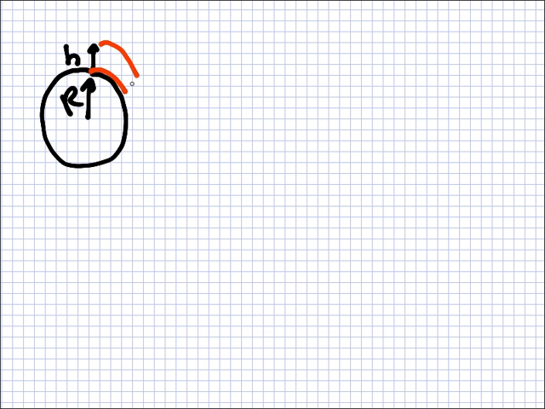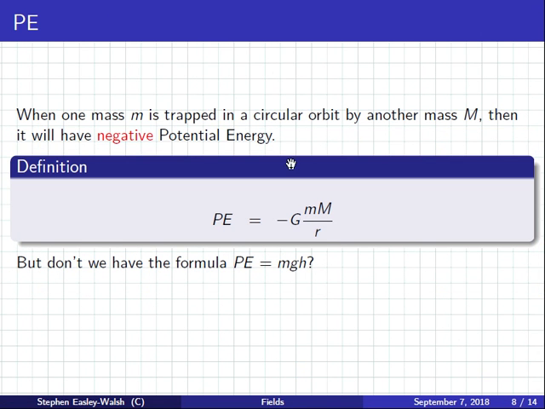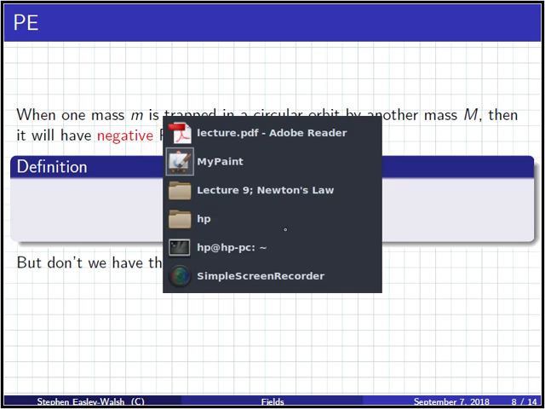Which one is bigger? The one on the top is bigger, and the one on the bottom is smaller. If you look at the formula, a big R means this is nearly zero, which means it's bigger because of the minus.